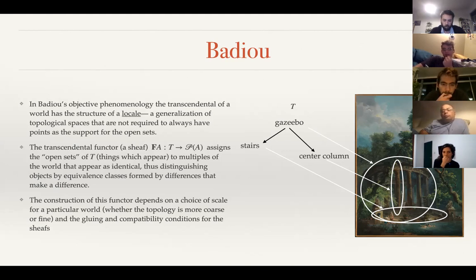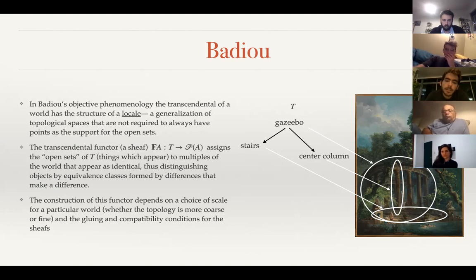For example, in each of these little regions of the stairs, we can say it's part of the stairs, and in that sense they are equivalent and have minimal difference with one another. There's this whole structure to it. This is another way we can see how these sheaves are actually objects.